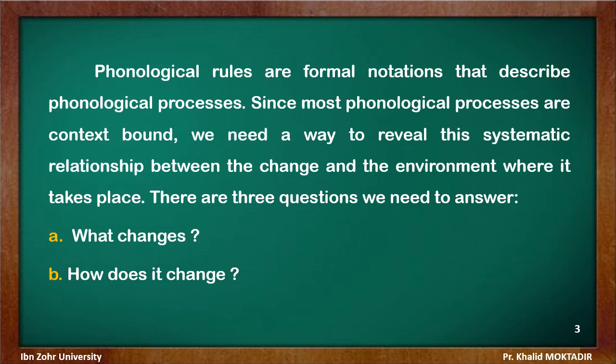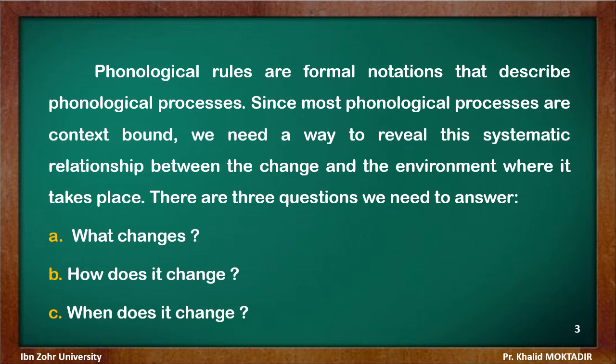We need to describe the segment that changes using a feature matrix. B, how does this segment change? And here we mention, out of the features that we have in the feature matrix in A, we mention only the feature that has changed in B. In other words, to answer the question, how does it change?